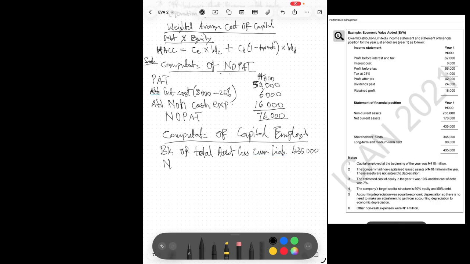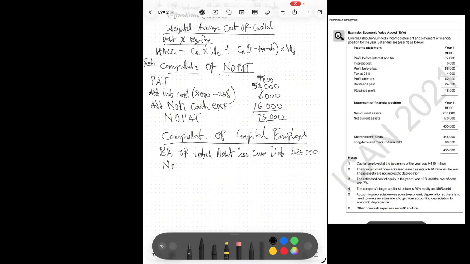You look at investment in intangibles and add it back, provisions and allowances you add back, and any off-balance sheet items. But in this question, we're only given off-balance sheet assets which were not capitalized, a non-capitalized lease of 18,000, also in the additional information. If I add it, I have 453,000.